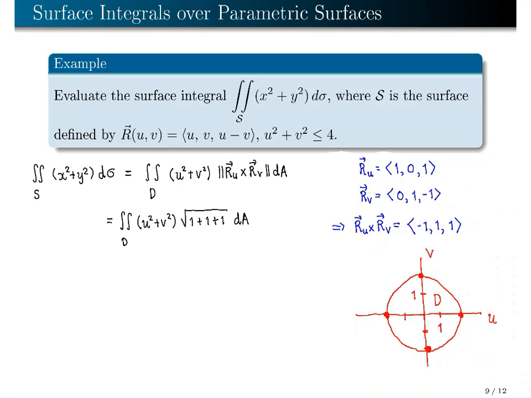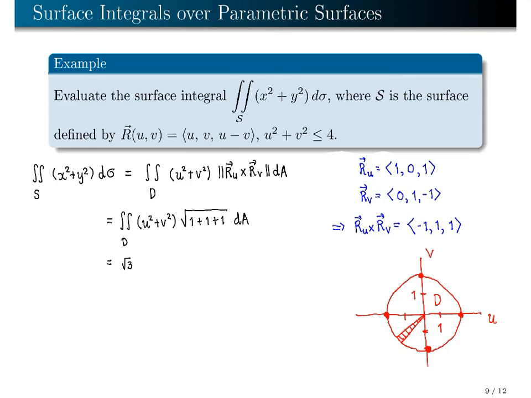We need to write this double integral as an iterated integral. First, we factor out this constant from the double integral. We get square root of 3. Note that the region D in the uv plane is a circle, and so it will be convenient to use polar coordinates in our integration.